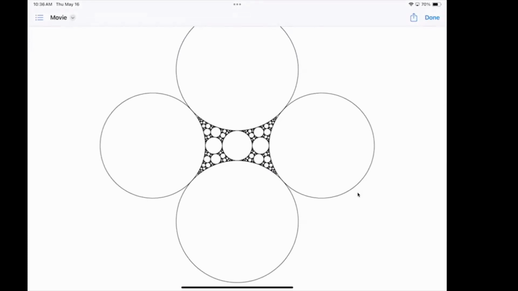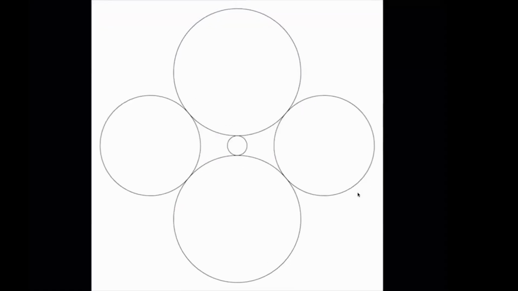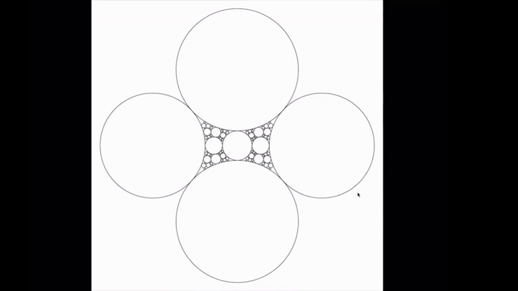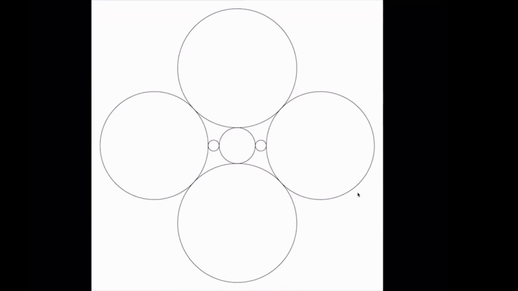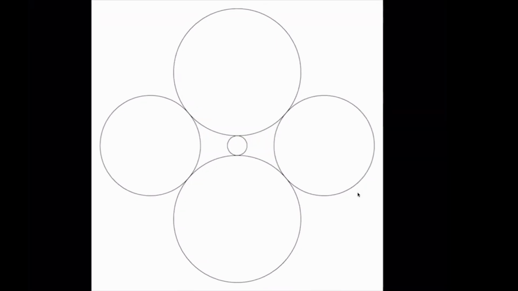Okay, so let me try to explain this movie a little bit. Here we have a sequence of finite circle packings. You can see as we add more and more details to this finite circle packing, the outside four circles wiggle only a little bit. So they almost stabilize exponentially fast.